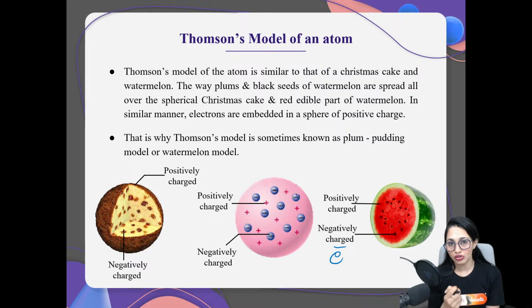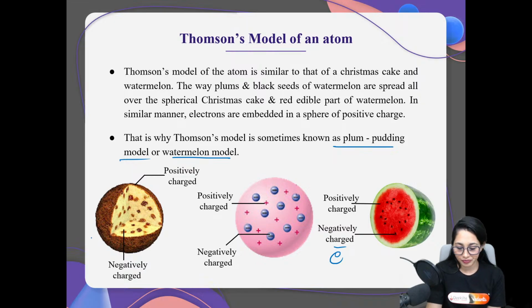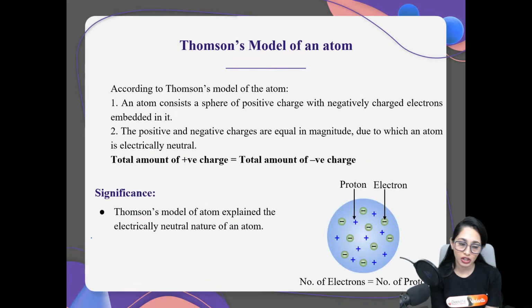The dry fruits or choco chips are the negatively charged particles. So this is nothing but Thomson's model of an atom. It is also called the plum pudding model or watermelon model. According to Thomson's model, an atom consists of a sphere of positive charge with negatively charged electrons embedded in it. Embedding, what do you mean by embed?